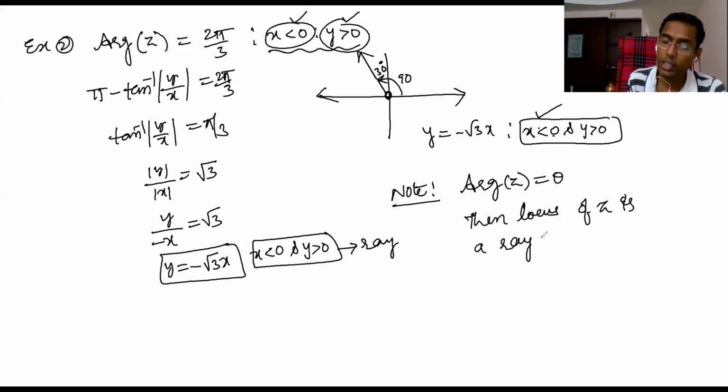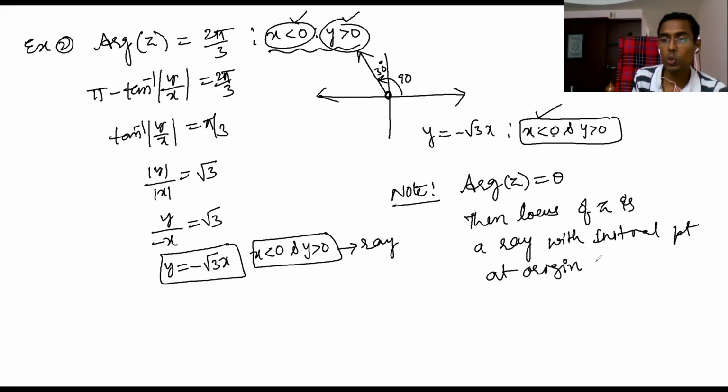A ray with initial point at origin, excluding origin. Please understand, excluding origin. Why excluding origin? Because for origin, argument doesn't define. Argument is not defined actually. So that is the reason. So this point I think is clear.